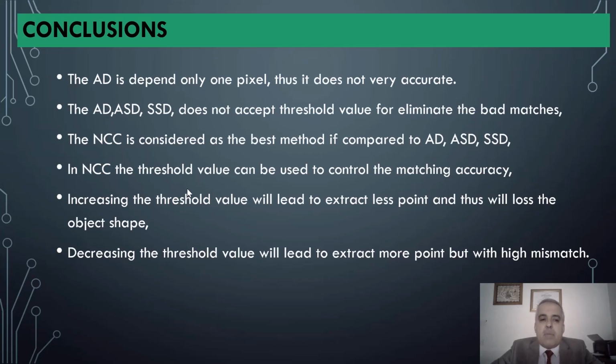In the NCC method, the threshold value can be used to control the matching accuracy. Increasing the threshold value will lead to extracting fewer points and thus losing the object shape or topology. Decreasing the threshold value will lead to extracting more points but with high mismatch.